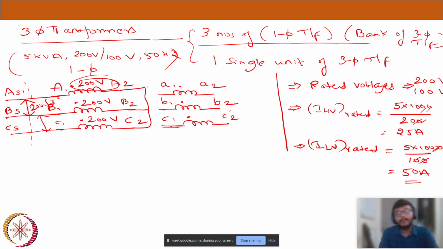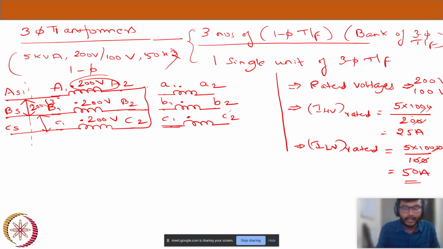Since my phase voltage will be 200 root 3 by root 3, then I will get 200 volts. So I know that I am giving only rated voltage across the windings of my transformer. If I give 200 root 3 voltage at the supply terminals, I can say that 200 volts comes across the transformer windings, and the rated conditions apply.